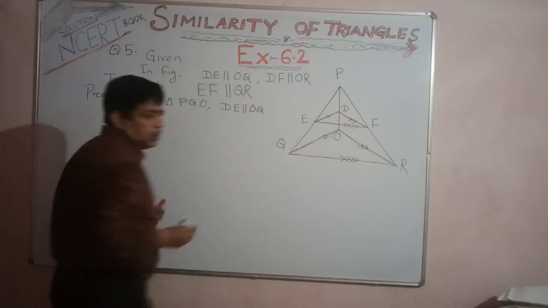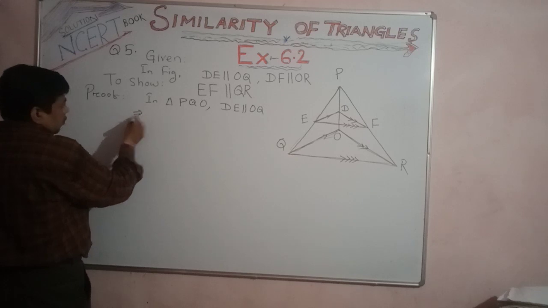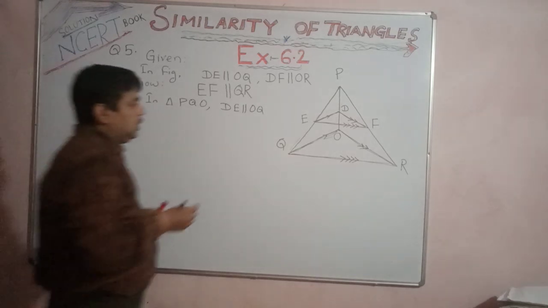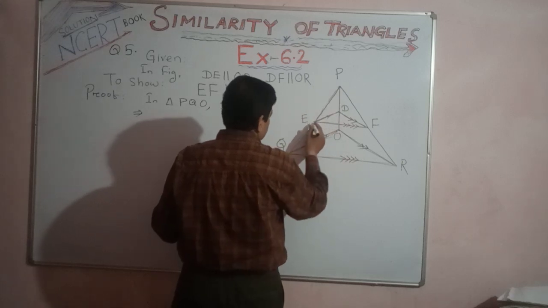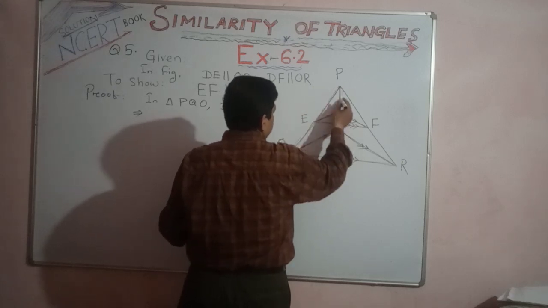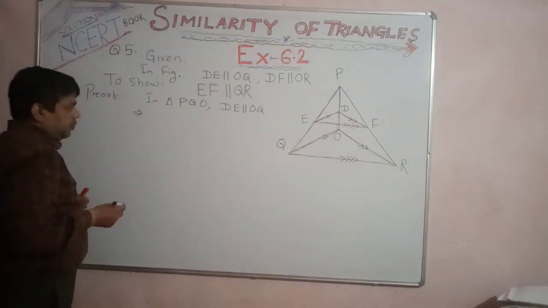Yes or no? Okay, so you can prove it. Since DE is parallel to OQ, PE upon EQ is equal to PD upon DO, as per the basic proportionality theorem.